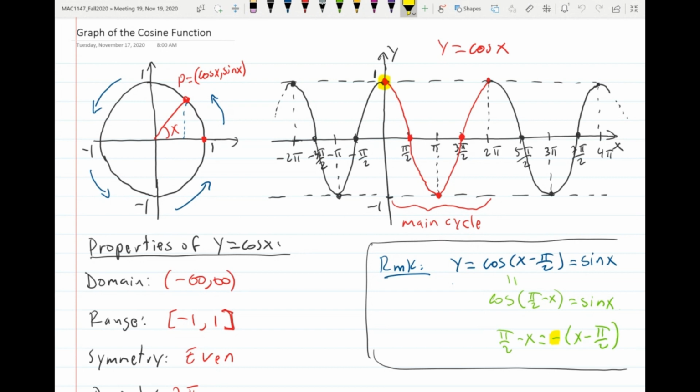What's going to affect the location of this point is when you shift it to the left by 2 pi, and then that point is going to go, instead of being at 0, to negative 2 pi. And that's the left endpoint of our main cycle. And that's what we just figured out with the inequality.